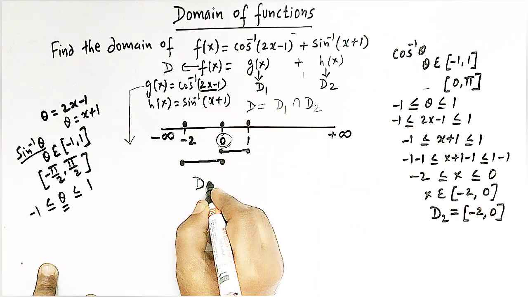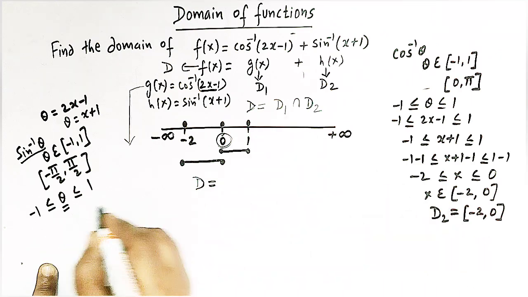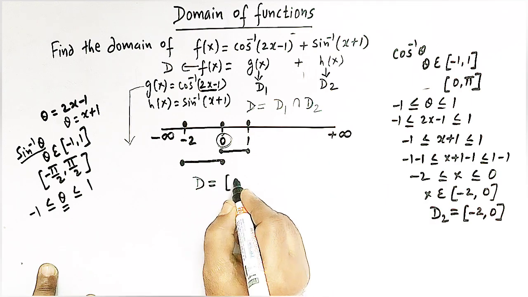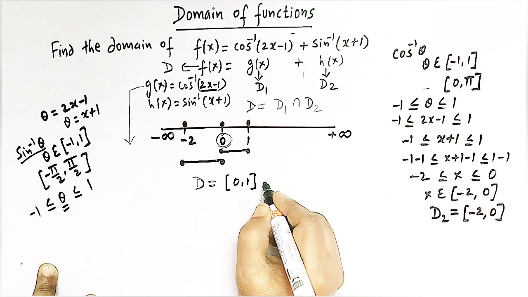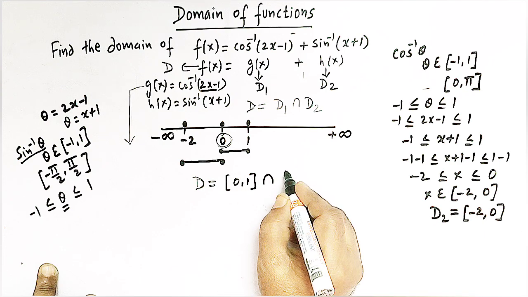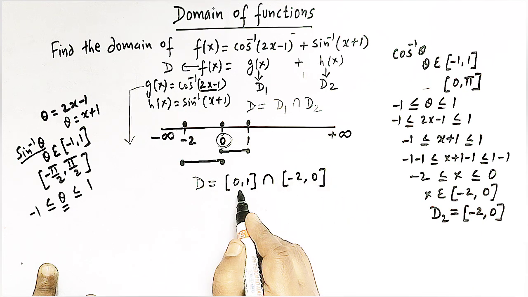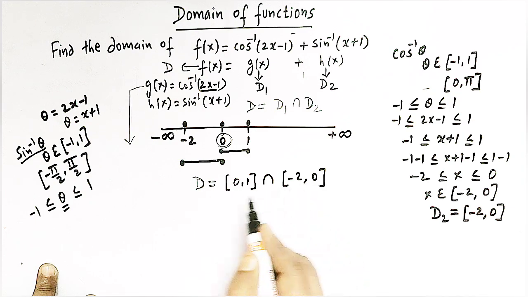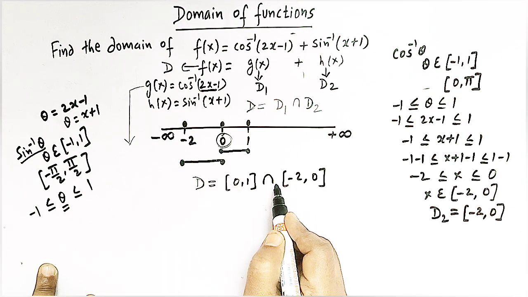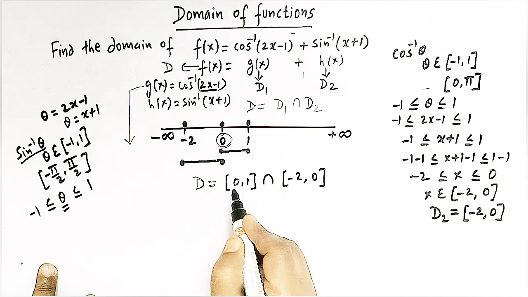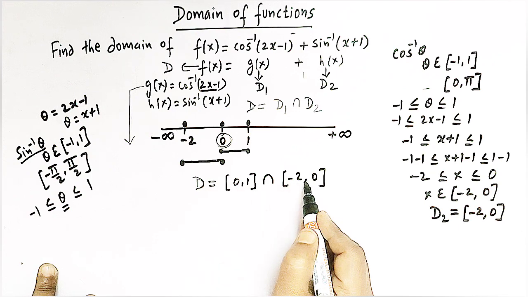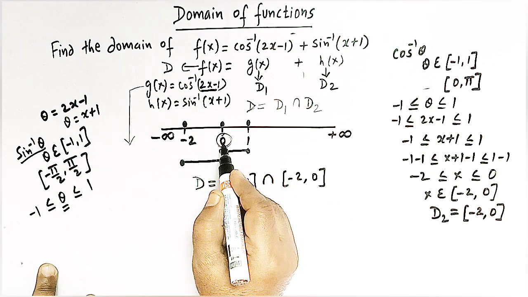So d is now given by d1, which is 0 to 1, intersection with minus 2 to 0, and from these two intervals we can identify only one point which is common to both these intervals, and the point is 0.